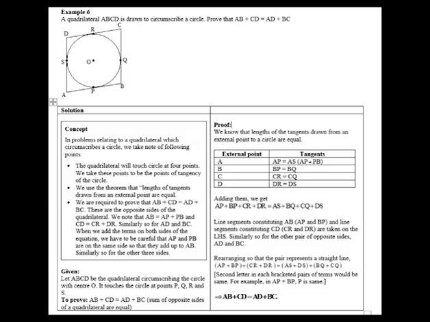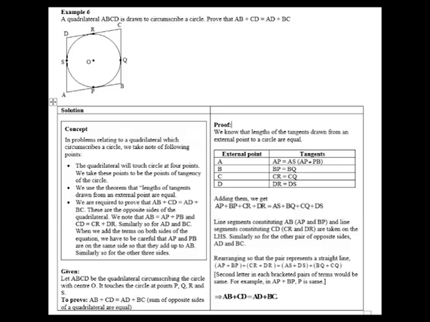Adding them, we get AP plus BP plus CR plus DR is equal to AS plus BQ plus CQ plus DS. Rearranging, AP plus BP plus CR plus DR is equal to AS plus DS plus BQ plus CQ.